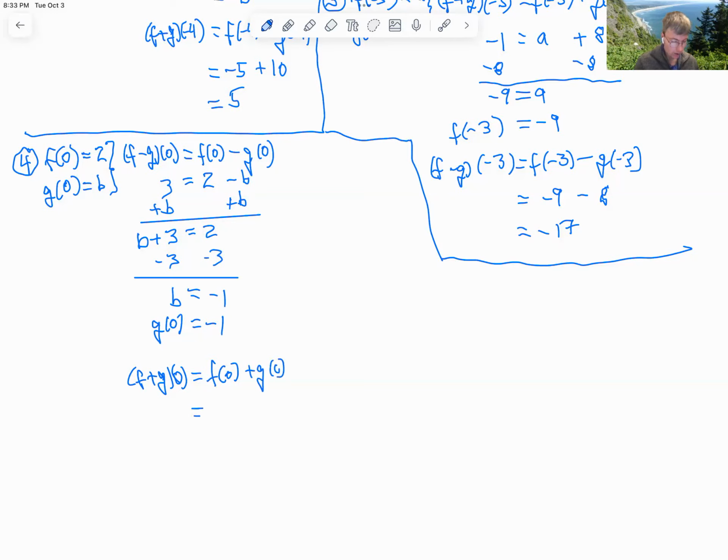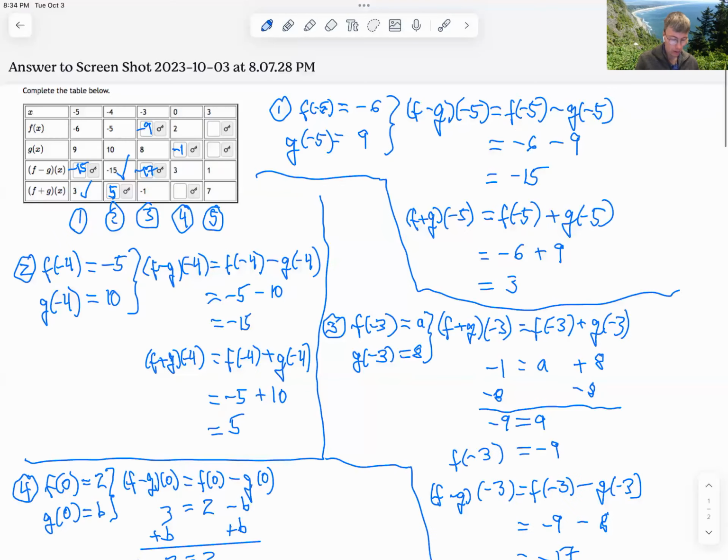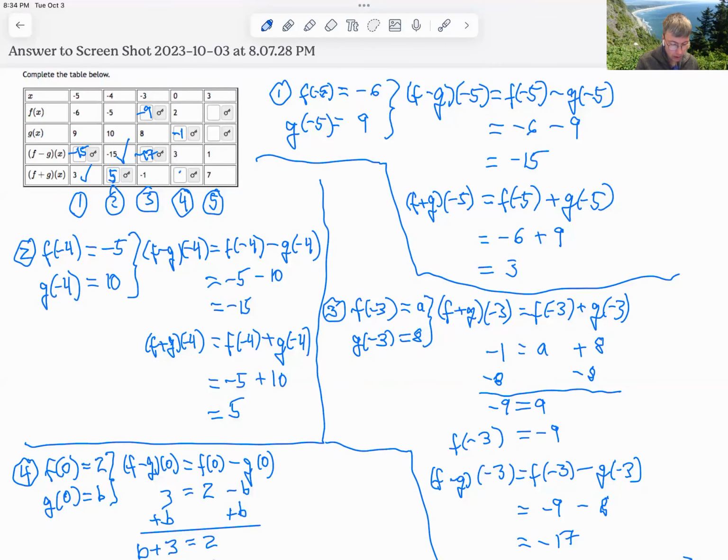And f of 0 is 2. G of 0 we found to be minus 1. Like that. And so our answer here is 1. So I can type this in as 1.